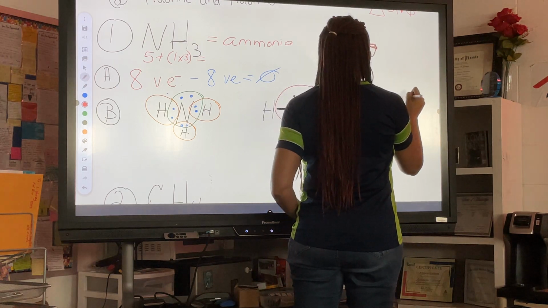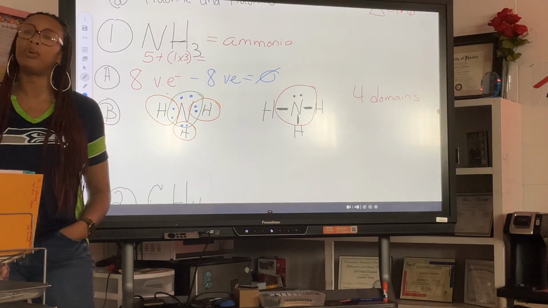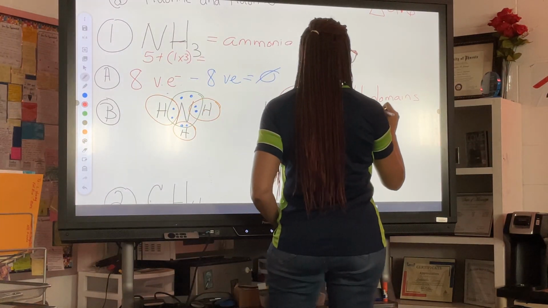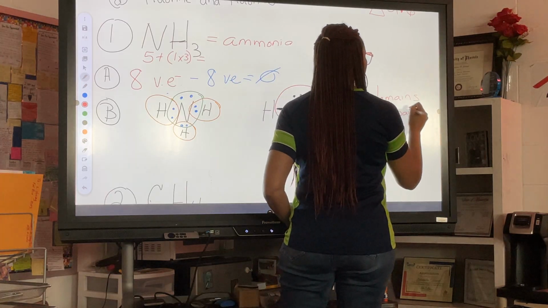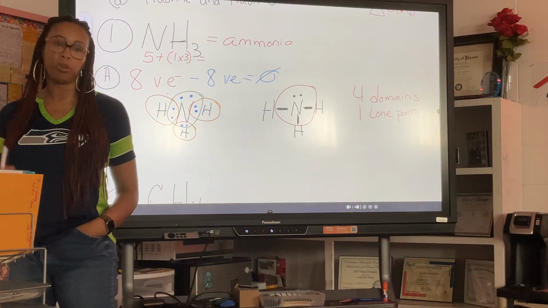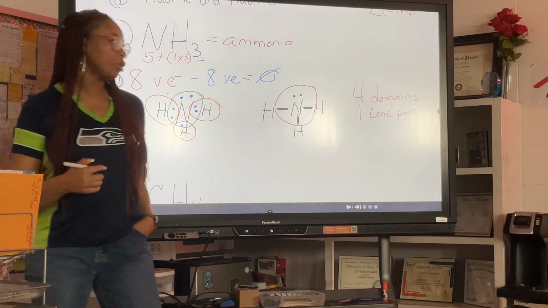And of those 4 domains, how many of them include lone pairs or non-bonding electrons? 1. There's 1 lone pair. So what does that mean for the shape of this molecule? If there's 4 domains and 1 lone pair, then what is the shape? Trigonal pyramidal.